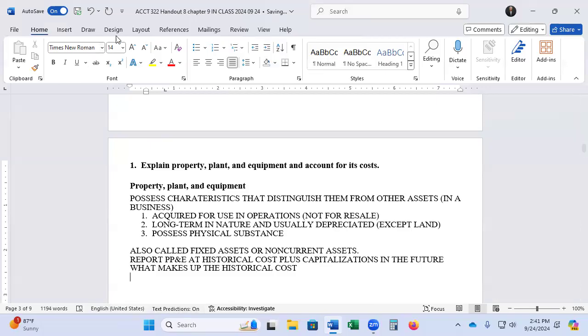So what makes up the historical cost for property, plant, and equipment? One is the purchase price, plus any taxes. Most of the time businesses don't pay taxes on that type of stuff, but it varies. Freight or shipping costs paid by the buyer.